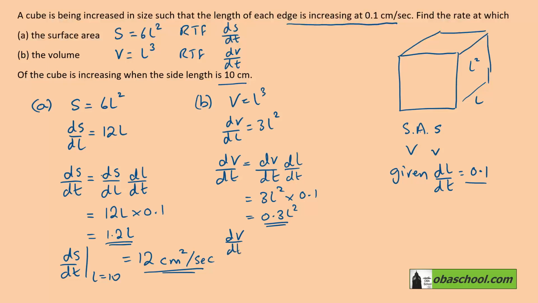So dV/dt, given that L is equal to 10, is 0.3 times 100, which is 30 cubic centimeters per second.